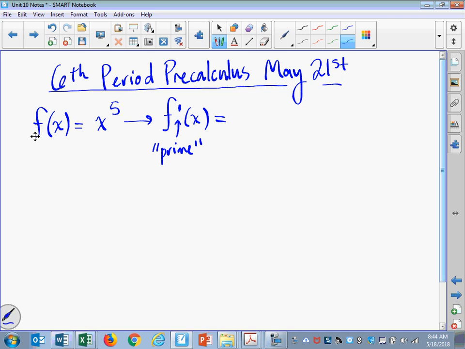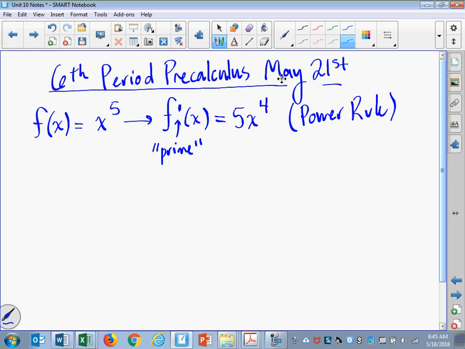The rule is you bring that power 5 down in front of x and subtract 1 from the exponent, so it's 5x to the fourth. That's called the power rule. We learned that last time.